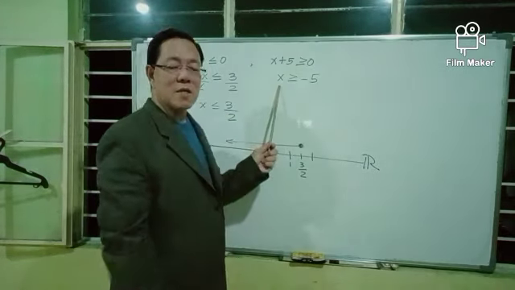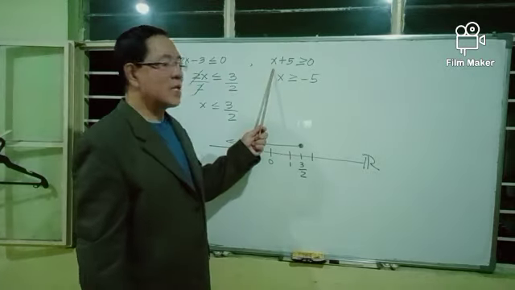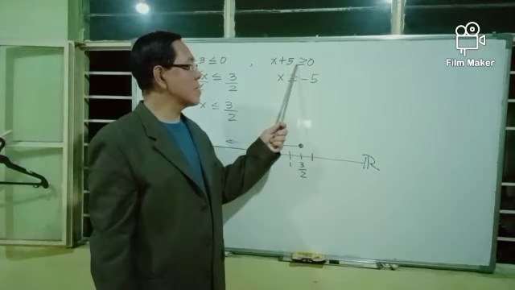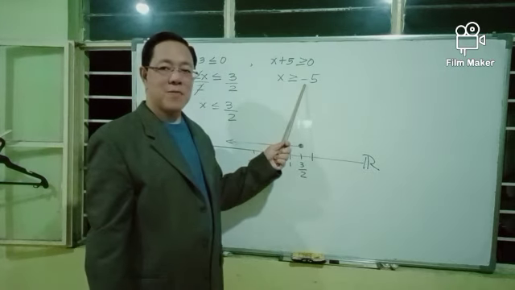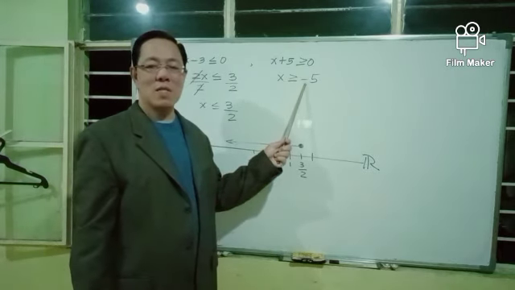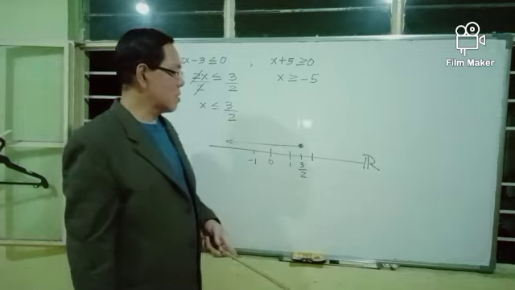And these are the solutions of this linear inequality x plus 5 greater than or equal to 0. X is equal to negative 5. So x equals negative 5 is one of the solutions.